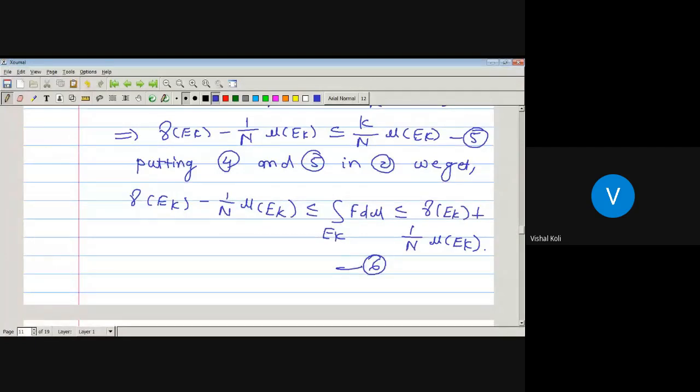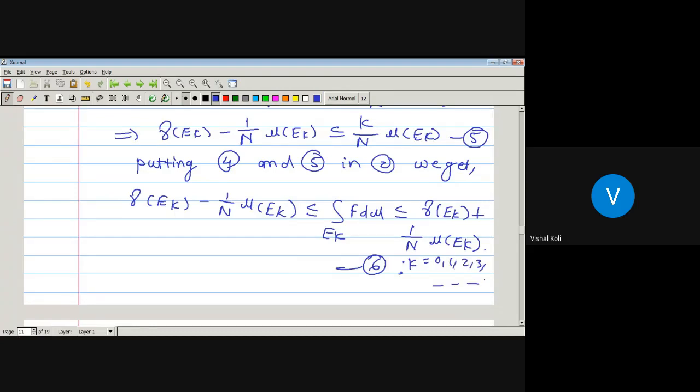So finally we get gamma of ek minus (1/n) times the measure of ek is less than or equal to the integration over set ek of f d mu, and which is less than or equal to gamma of ek plus (1/n) times the measure of ek. Now adding all these inequalities, as here k is running from 0, 1, 2, 3 and so on.